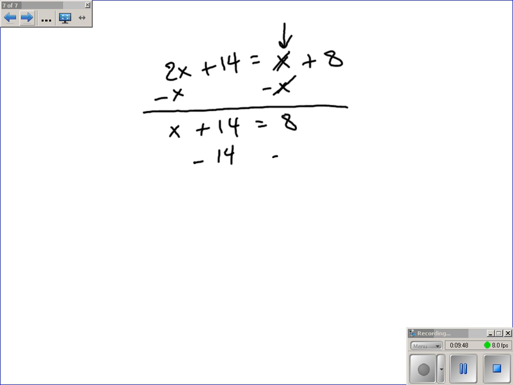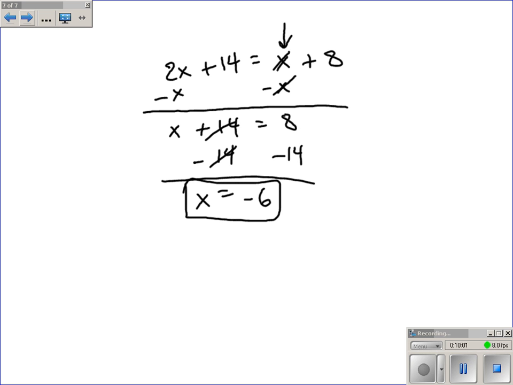And x is equal to, let's see here, 8 minus 14 is negative 6. And the answer is x is equal to negative 6. Okay.